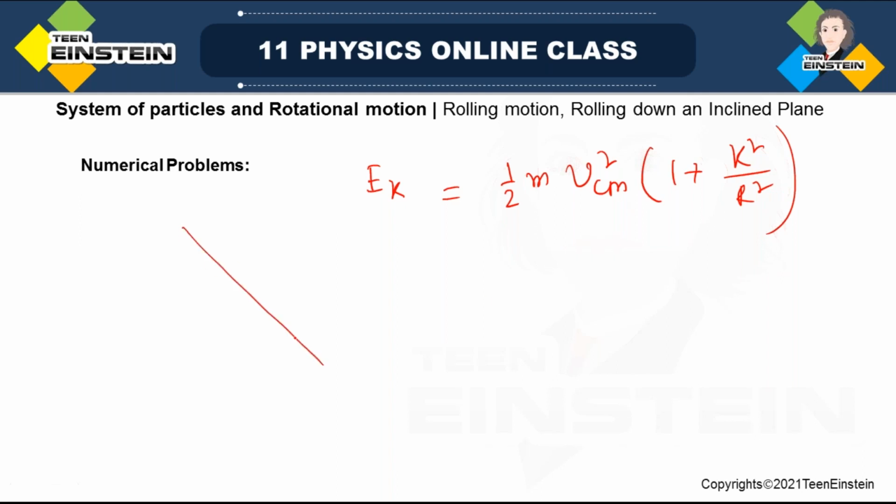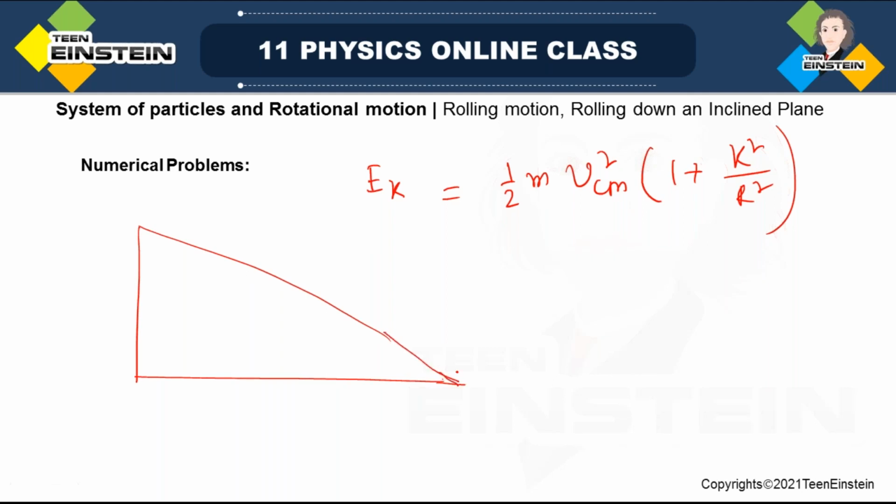Now suppose I have an object which is rolling down an inclined plane. You will be given various objects, and you will be asked to find out the time taken, or which one will be moving faster, and so on. Suppose there is an object, maybe a sphere or a general one, and it has a height h. Then you have to find out, when it reaches the ground, what will be the velocity.